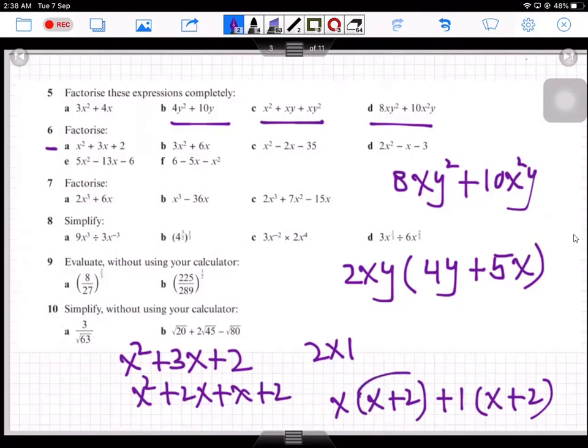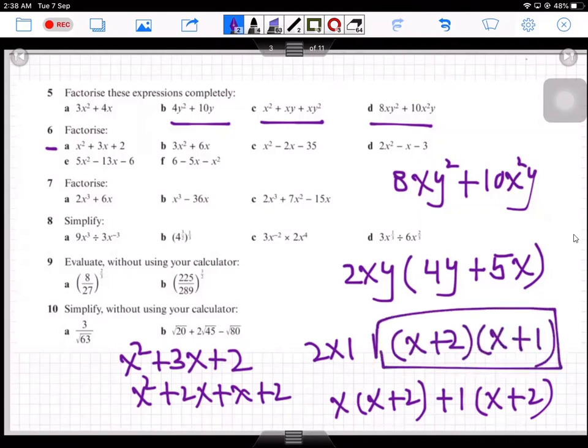When these two brackets come out exactly the same, they will be written once. So x plus 2 multiplied by x plus 1, and this is supposed to be your final answer. Or you can write x plus 1 multiplied by x plus 2, same thing.